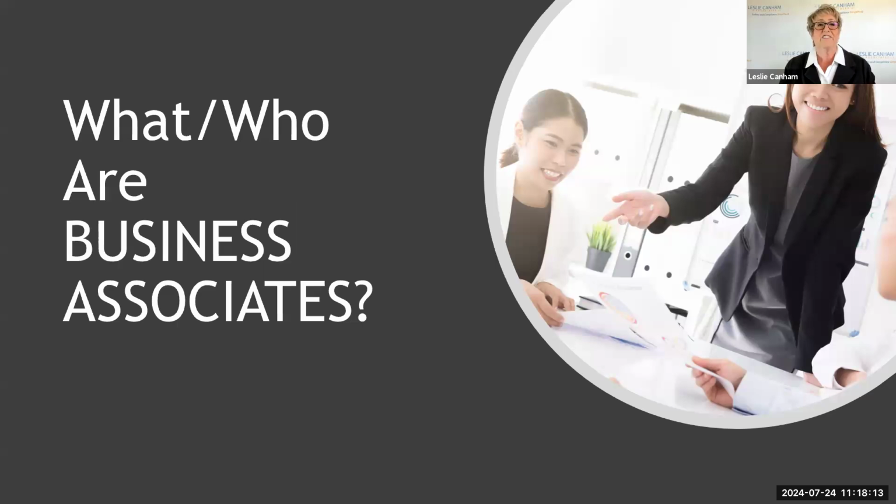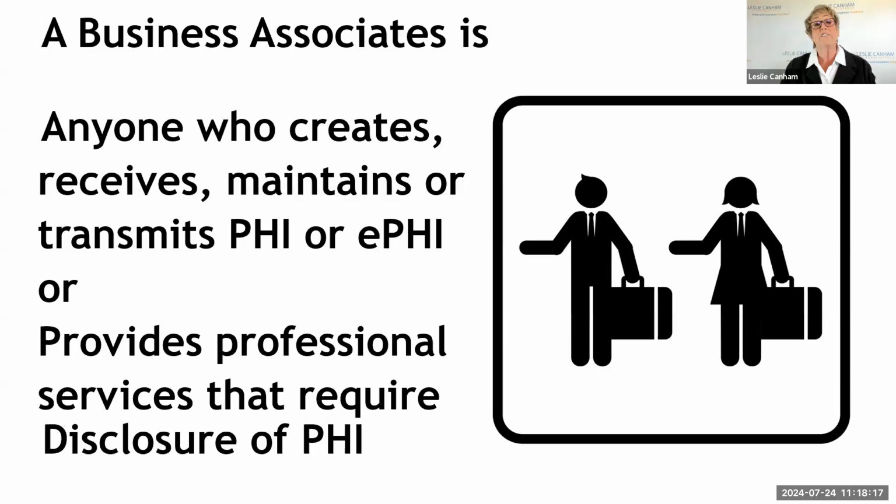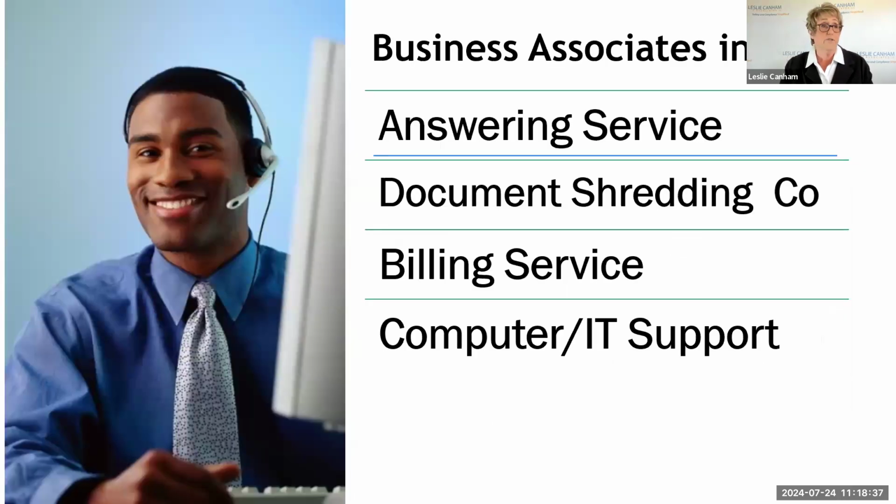I mentioned business associates. You might say, well, who or what are business associates? A business associate is anyone who creates, receives, maintains, or transmits protected health information or electronic protected health information, or provides a professional service that requires disclosure of protected health information. This might include your answering service. If you have a human answering service and a patient calls with an emergency, they might say, what's your name? What's your emergency?